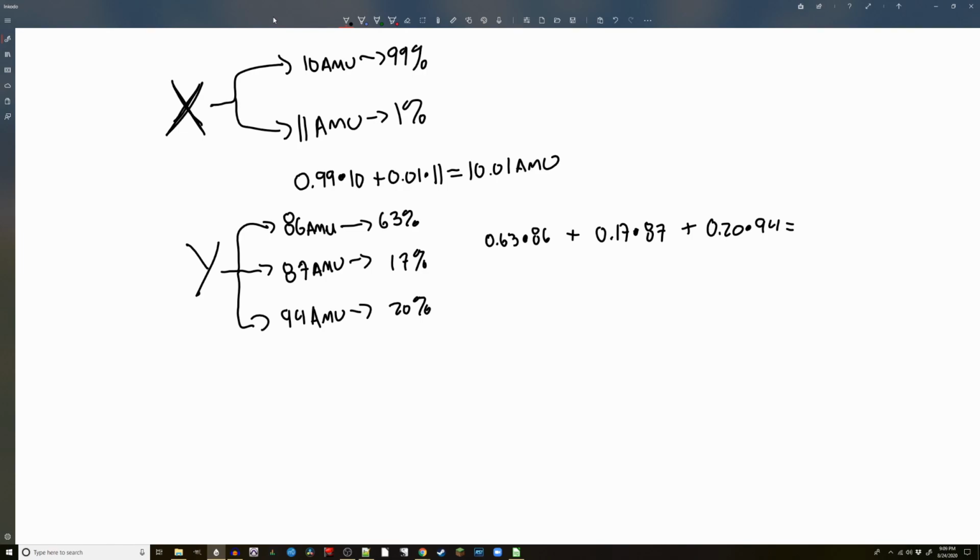I'm getting my calculator out right now, and I'm plugging these numbers in. See if you can beat me in terms of getting this answer. I get an average mass for this element in the entire universe of 87.77 AMU. And that's how you do that.